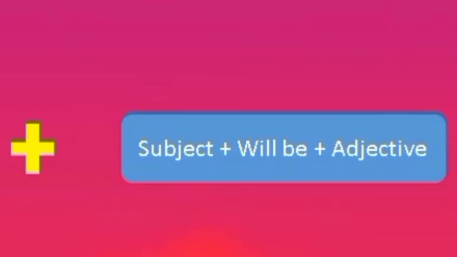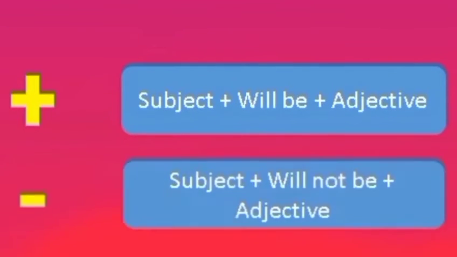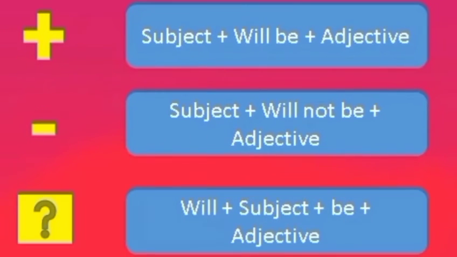And moving to will be. For positive sentence: subject plus will be plus adjective. Negative sentence: subject plus will not be plus adjective. For the last one, interrogative sentence: will plus subject plus be plus adjective.